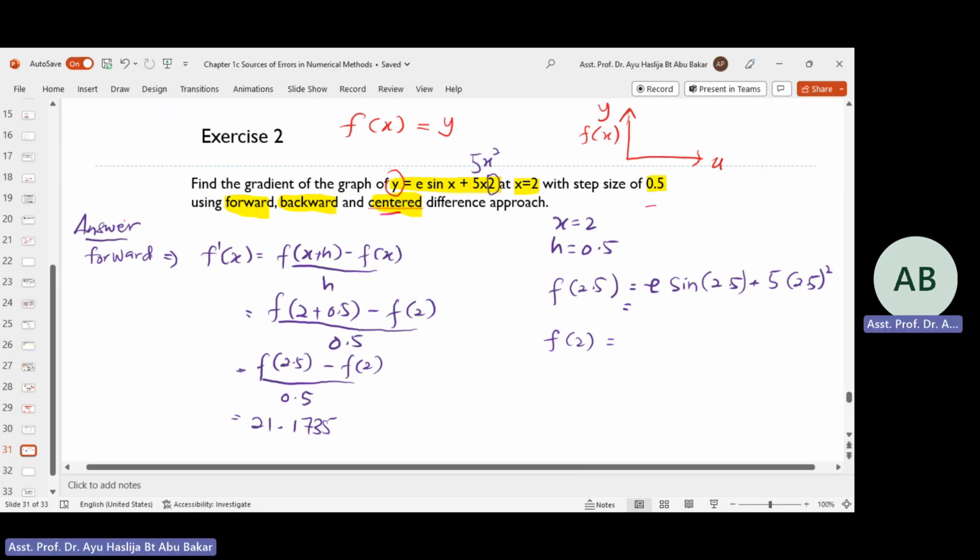What do you use, radian or degree? Radian. Wait, let me check.